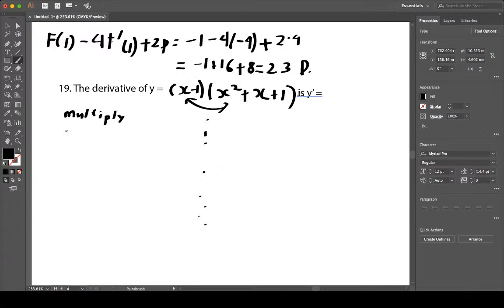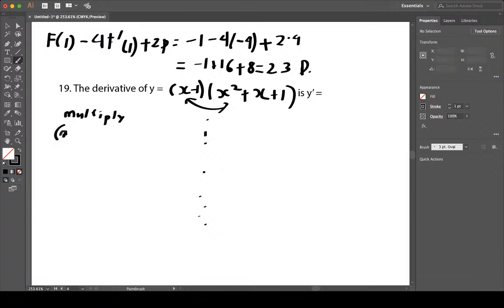So basically, we have this formula here: a minus b times a squared plus ab plus b squared is actually a cubed minus b cubed.